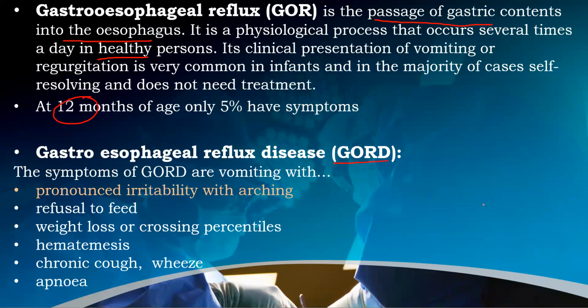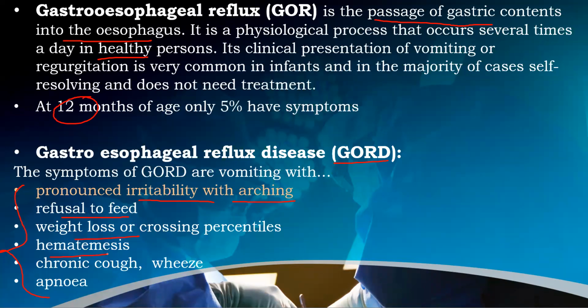Now, when will you call it gastroesophageal reflux disease? If a child has this reflux or vomiting along with any of these features, it is called GORD. So, pronounced irritability with arcing of the back, refusal to feed, and later on, the child not gaining weight properly or losing weight.